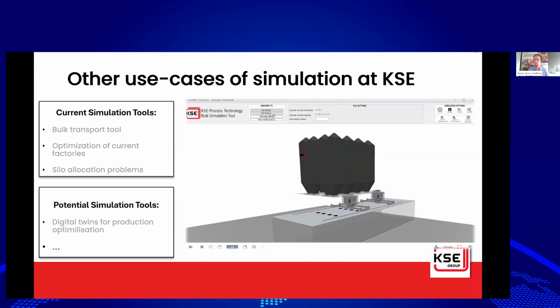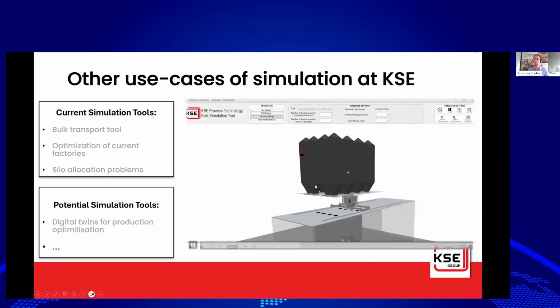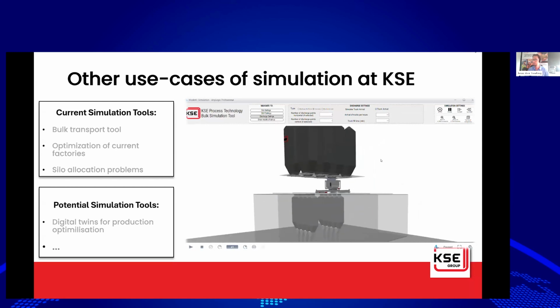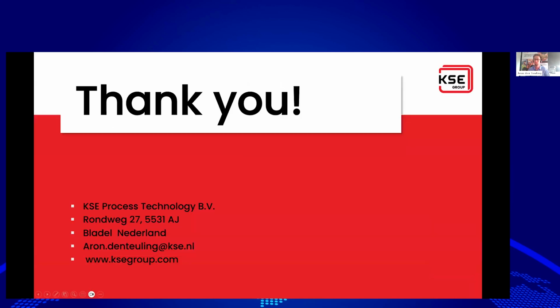And in the future, we are really willing to go to digital twins, where we connect the model with data from the database of the customer and make the model real time and make production adjustments, etc. with the model. So that was my presentation. Now we'll look at the questions, if there are any.